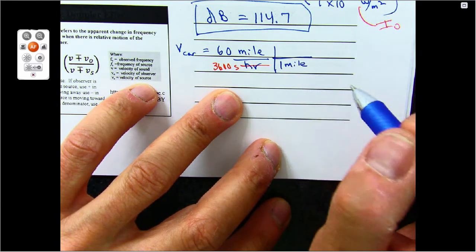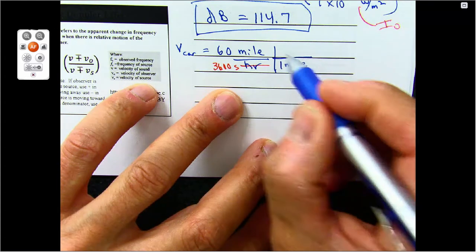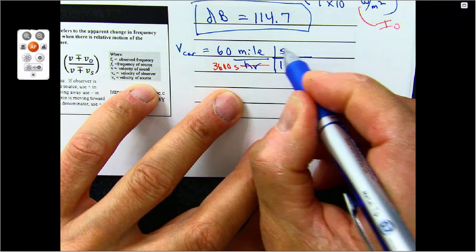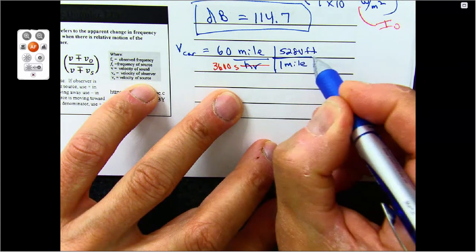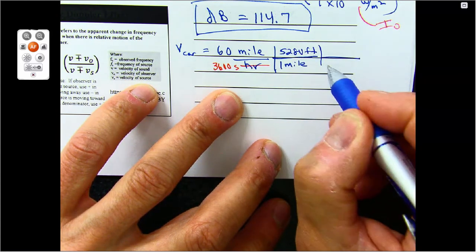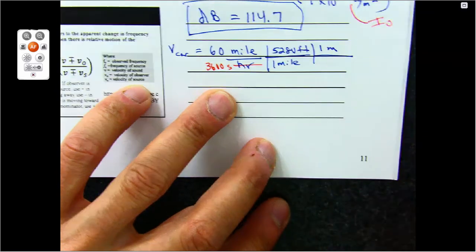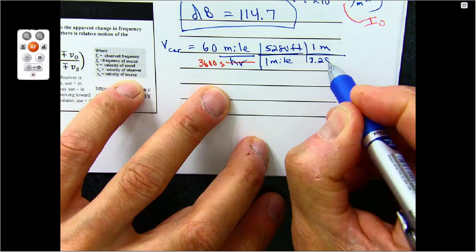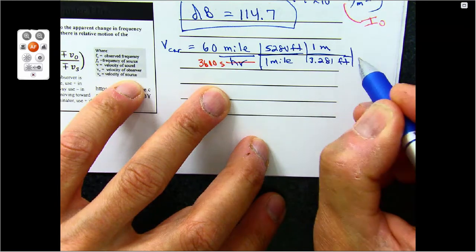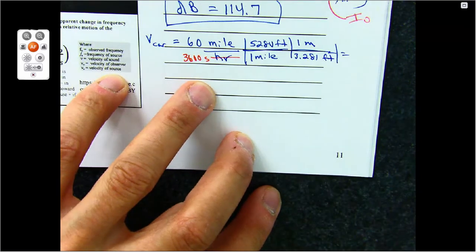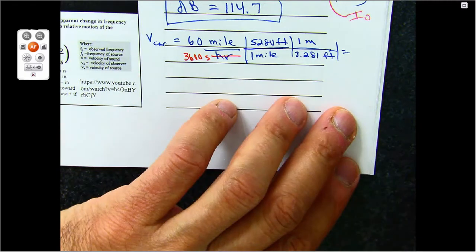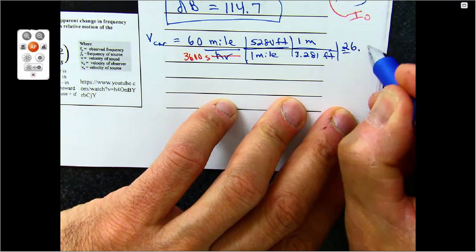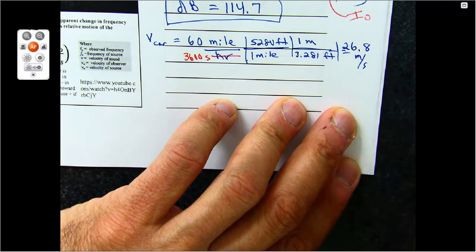I guess I did it in feet. 1 mile, how many feet? 5,280 feet. And then how many feet in 1 meter? 3.281. That gives about 26.8 meters per second.